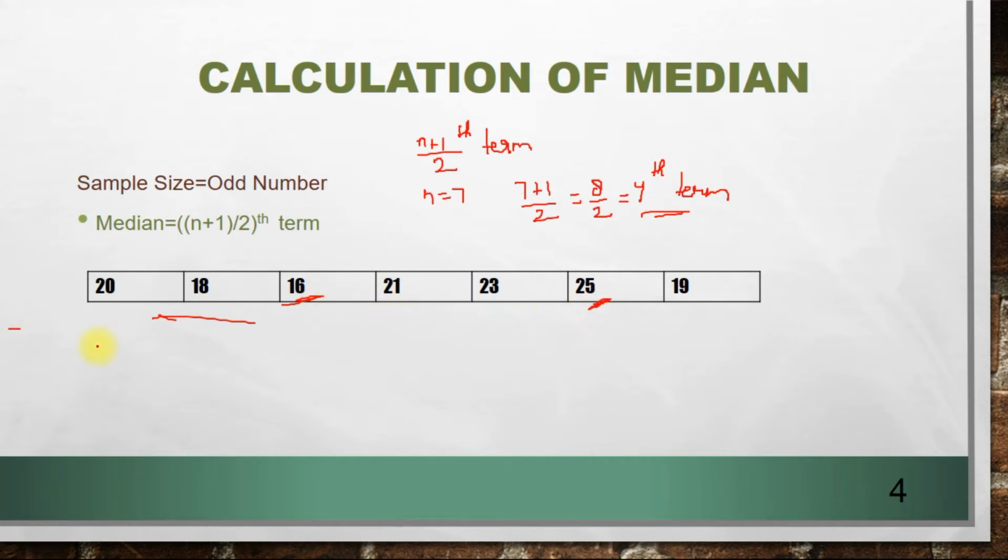I'm just going to write our data in ascending order: 16, 18, 19, 20, 21, 23 and 25. After arranging my data in ascending order, the 4th term is 20. So 20 is the median for this data set.